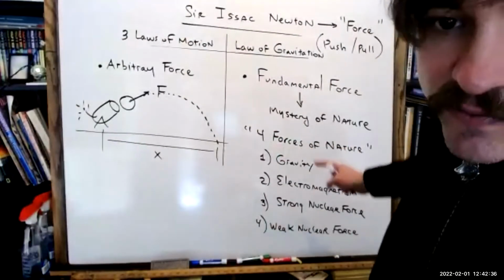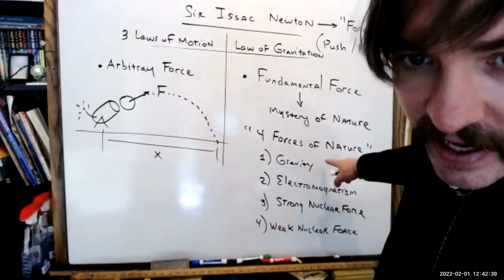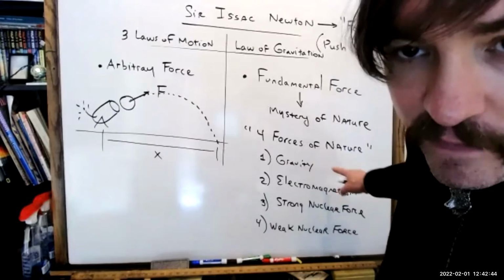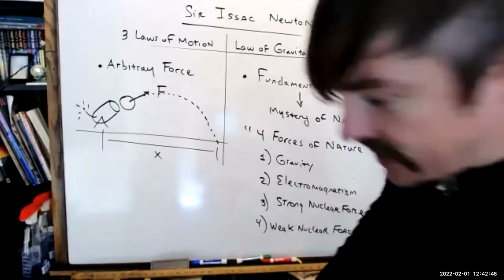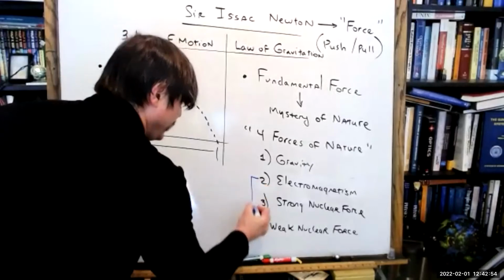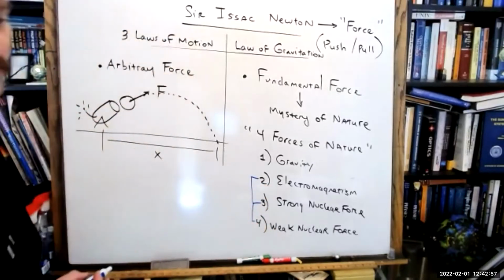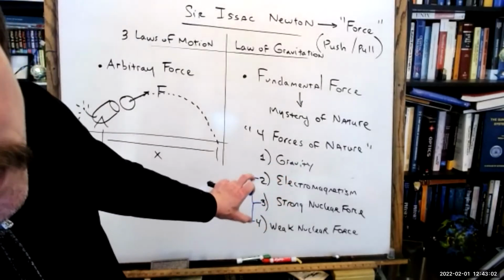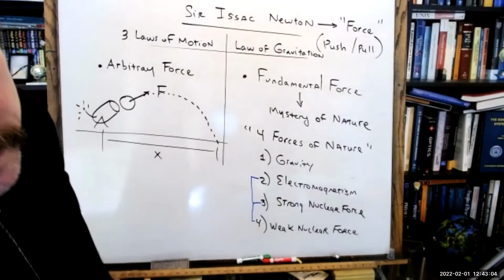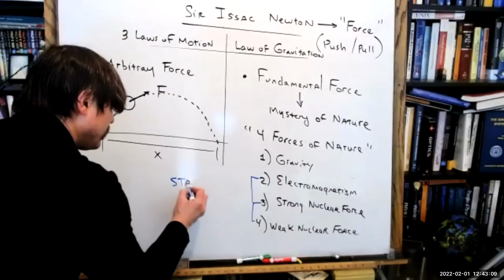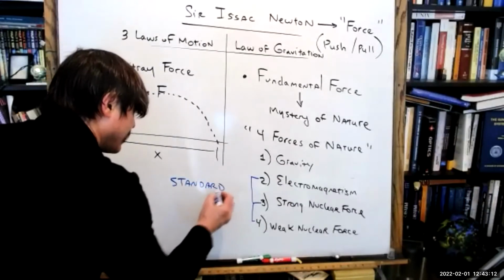Gravity is the original fundamental force that was discovered, and it still remains the most mysterious of the 4 forces today, because we have since discovered, using particle smashers like the Large Hadron Collider, relationships between these 3 forces. These 3 have been combined, well, actually 2 and 4 were originally combined into the electroweak theory. And today, these 3 are related by something called the standard model of physics.